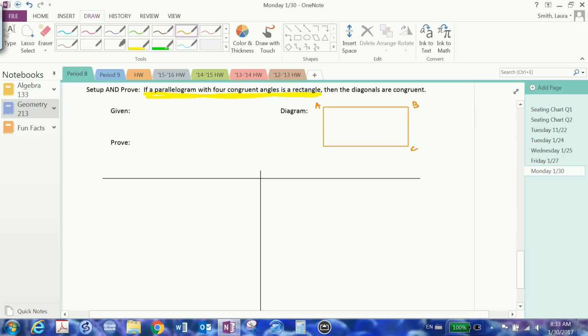All right, so let's draw our diagram like so. I'm going to label it A, B, C, D. Then the diagonals are congruent, so that means I need to draw in my diagonals.